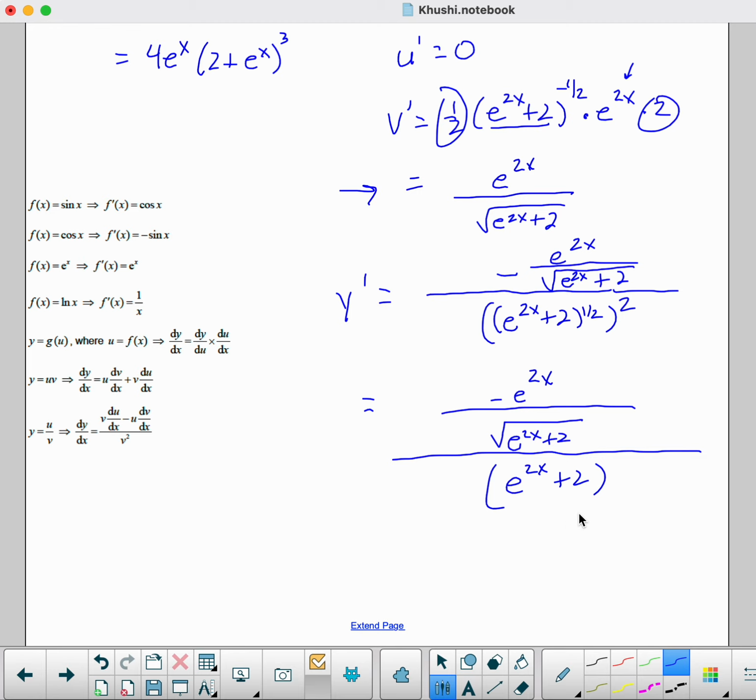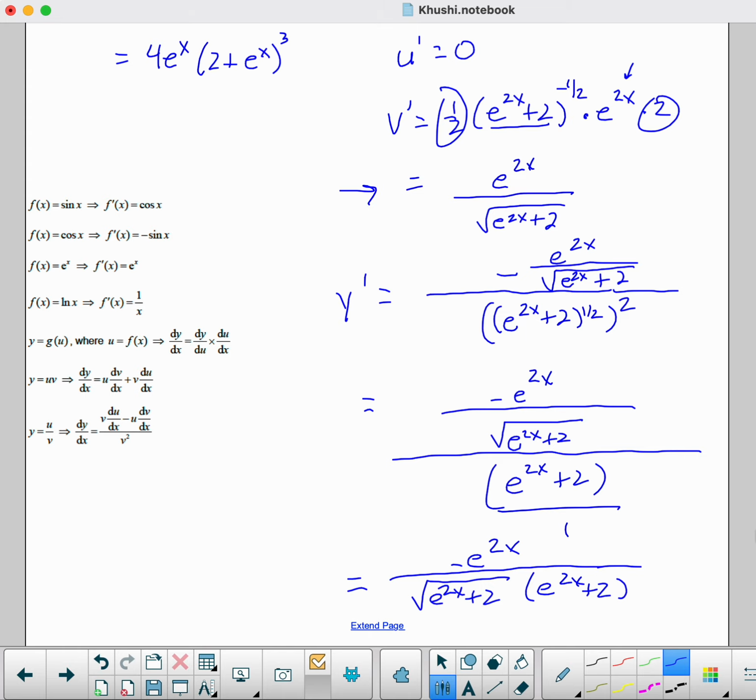I thought it was going to cancel some stuff out. If we keep change flip, though, it could be nicer. I don't know if I would do it or not unless she tells you to. Keep change flip, and we multiply, and we get square root of e to the 2x plus 2 times e to the 2x plus 2. And we can leave it like that.